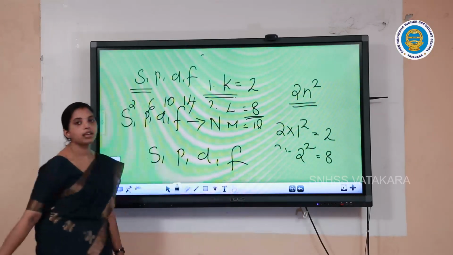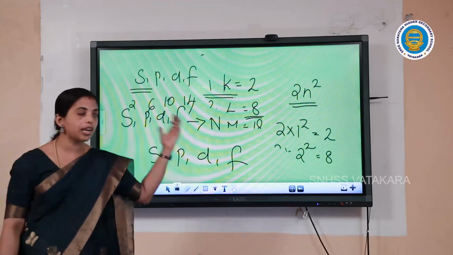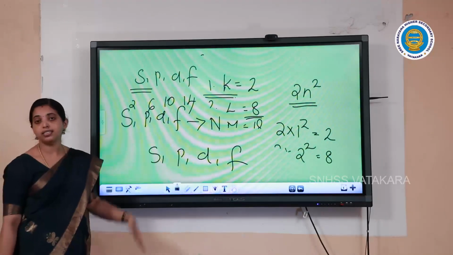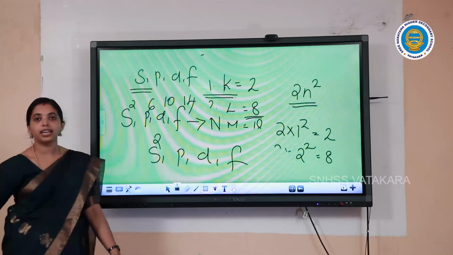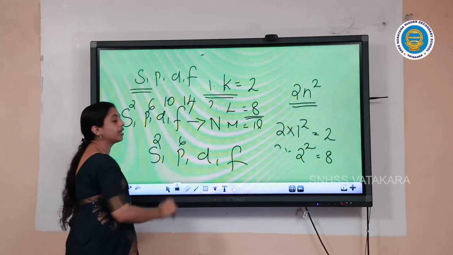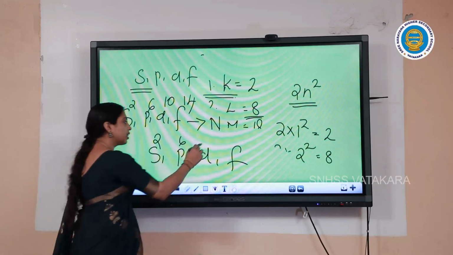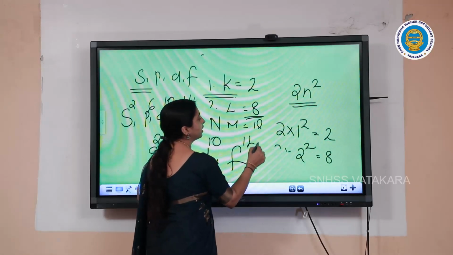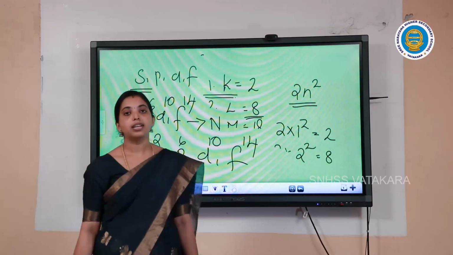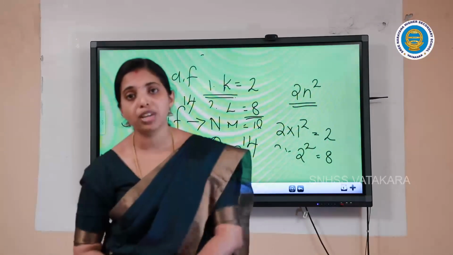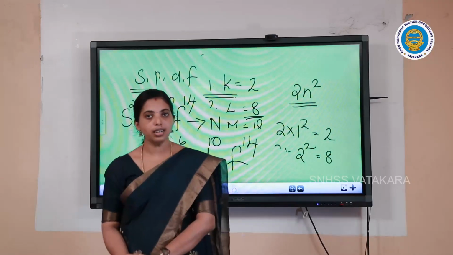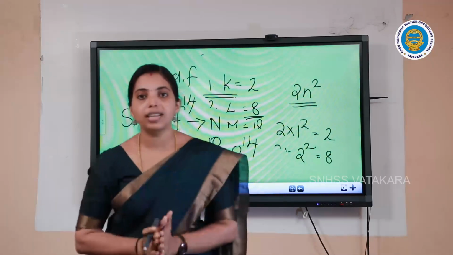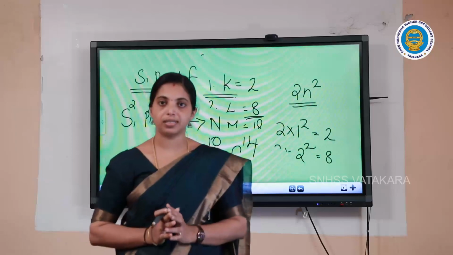Maximum: S, 2 electrons. Then P, 6 electrons. D, 10 electrons. F, 14 electrons. This way the maximum number of electrons can be distributed into its subshells. Clear? So these are the shells and their subshells.